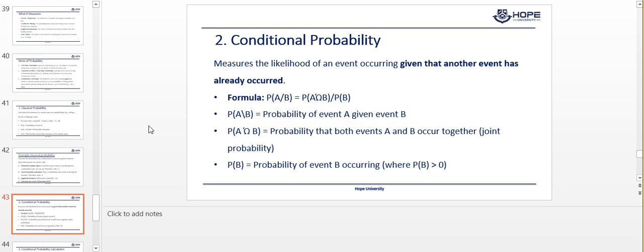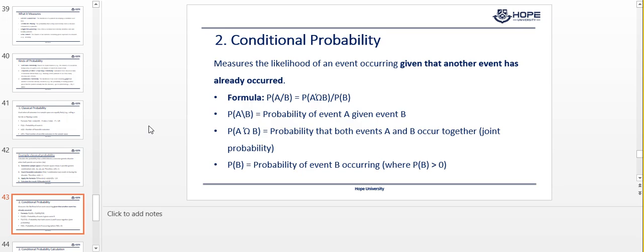Conditional probability also measures the likelihood of an event occurring given that another event has occurred. We have been using it in epidemiology for the specificity test and the sensitivity test, using these formulas.